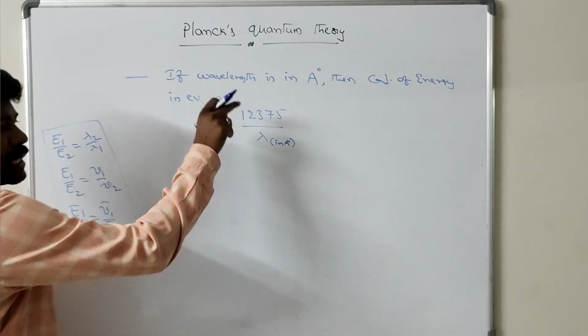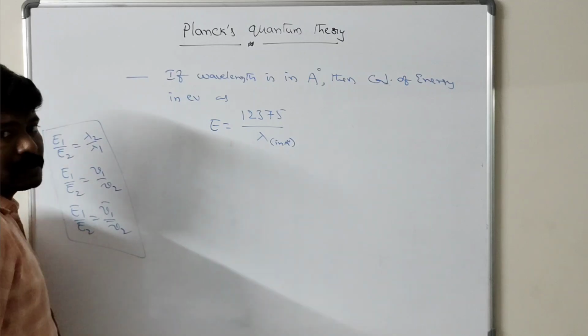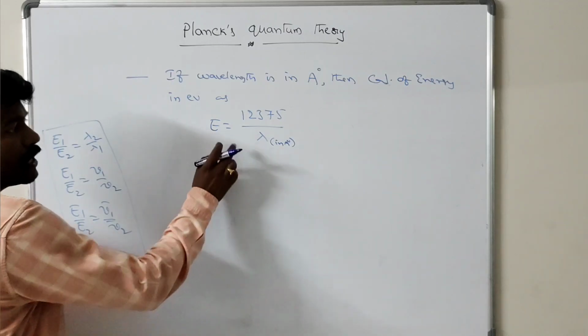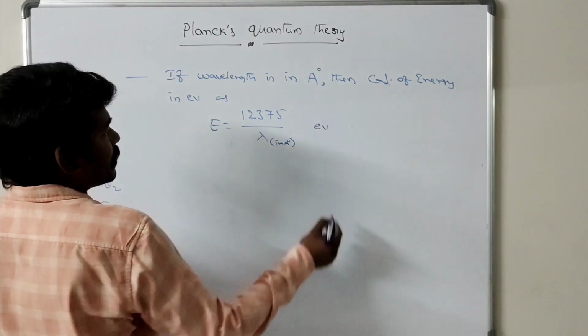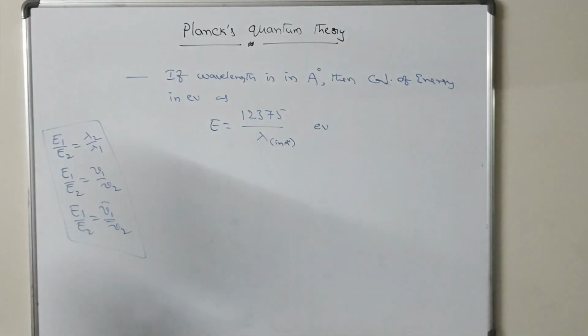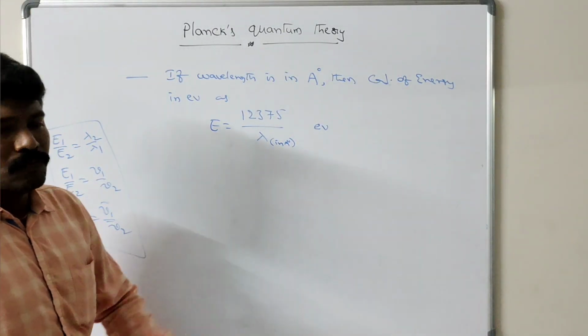If lambda is in angstrom units in the given problem, and in the options the energy is in electron volts, then we have to use this formula: the energy in electron volts E is equal to 12375 divided by lambda.